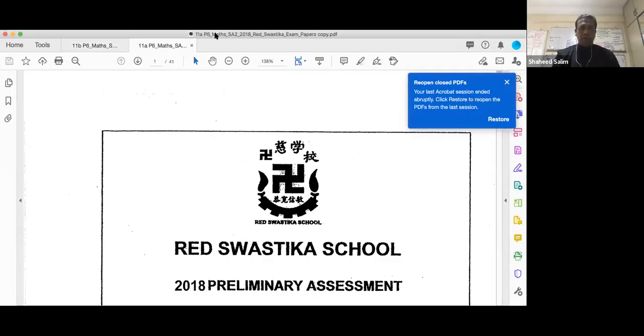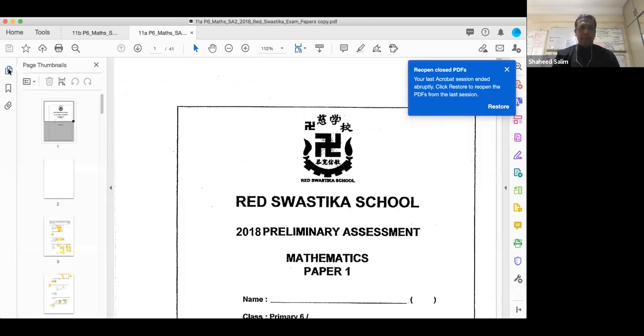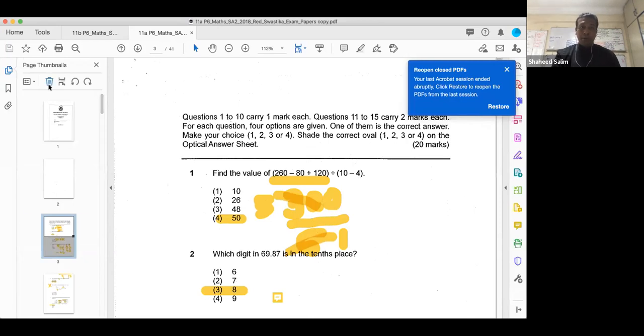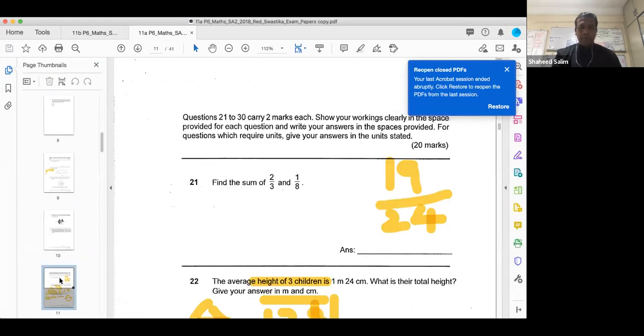Okay, this time we're going to do Red Swastika paper 1. We have done paper 1. Sorry, we've done paper 1. Have we done? Yes, we have done. Have we done paper 2 now? Just one moment.